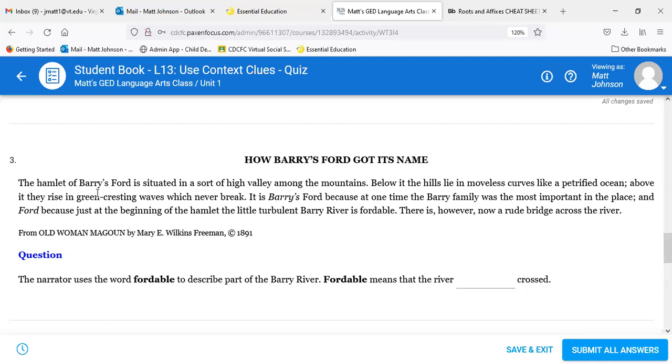So same passage here. Narrator uses the word fordable to describe part of the Barry River. So fordable means that the river is what?